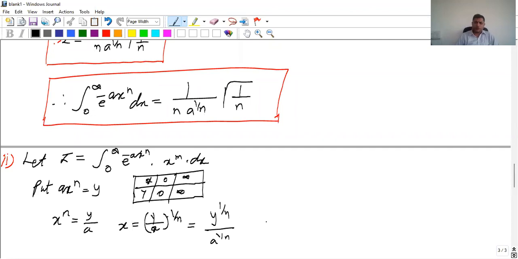So we got x is equal to 1 upon a raised to 1 by n, times y raised to 1 by n.